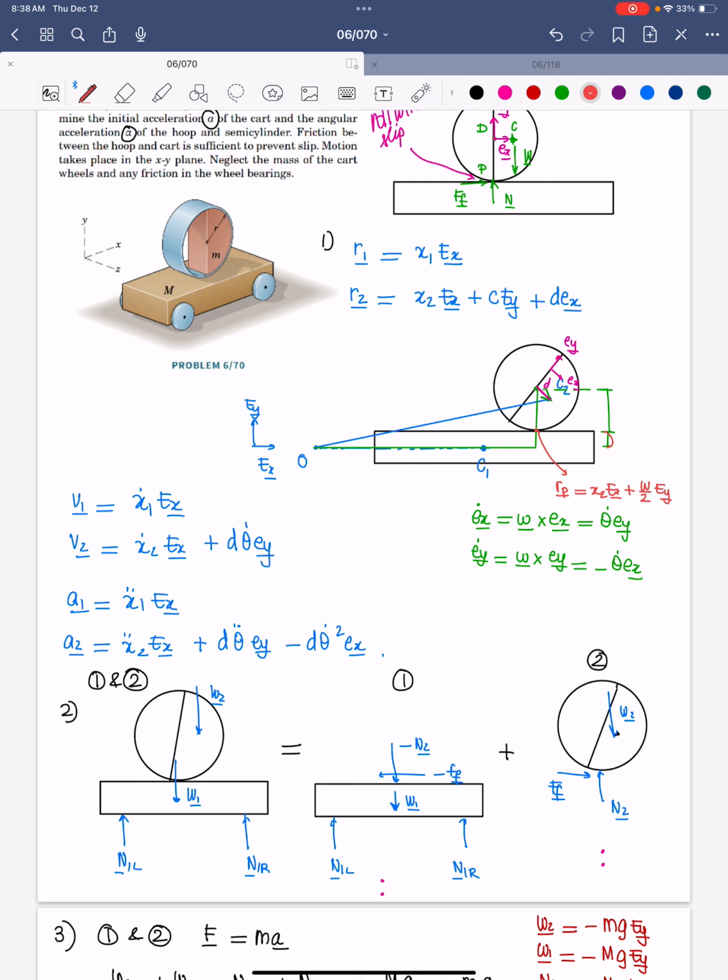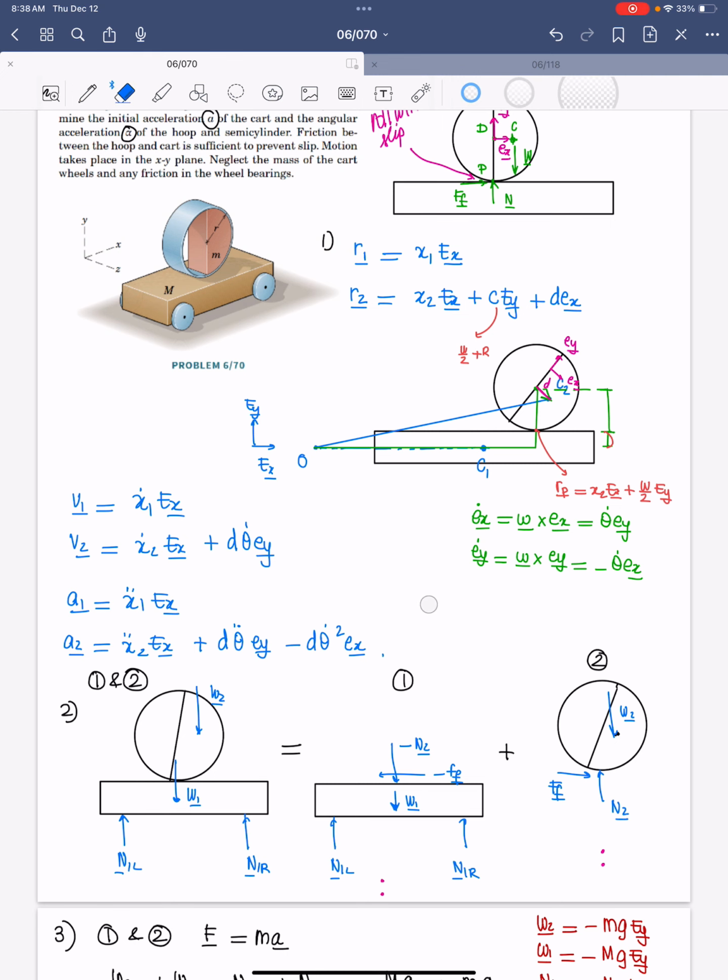So if I look at RP minus RC or RP minus R2, that's going to be equal to that C we said is the width over 2 plus R, minus R EY.